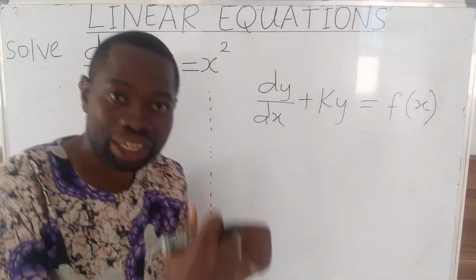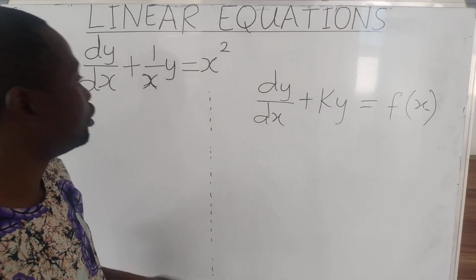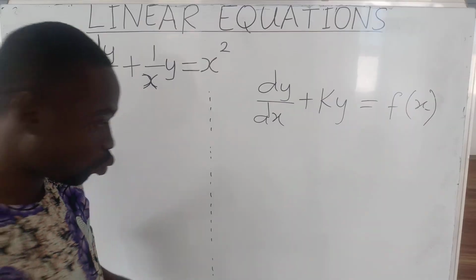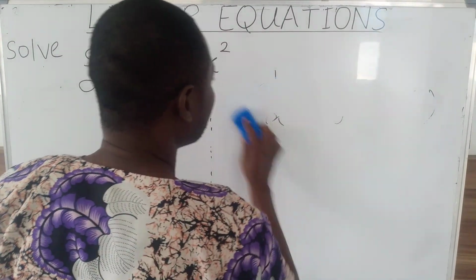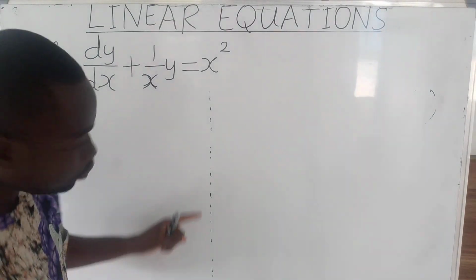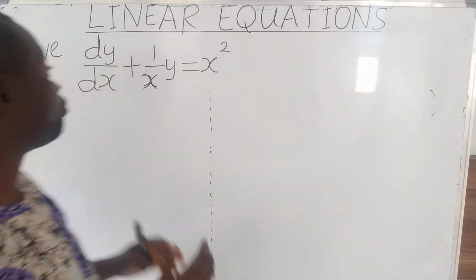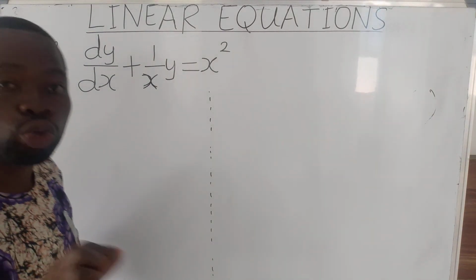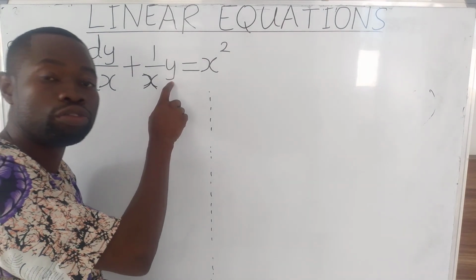Now, how do we solve it? There are steps you need to follow before you solve it. The first step is you start with the coefficient of y. When you have a linear differential equation like this, the first step is to find the coefficient of the y variable.